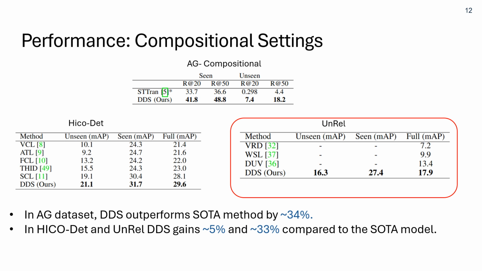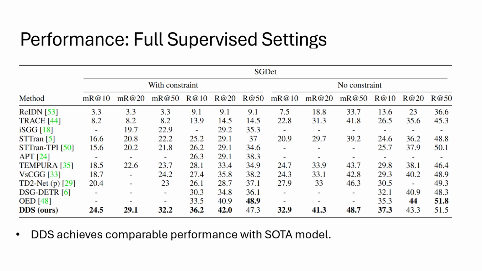In all these benchmarks, DDS has shown much improved performance, especially while detecting the unseen relationship triplets. In the fully supervised setting, DDS has achieved comparable performance with the state-of-the-art models.